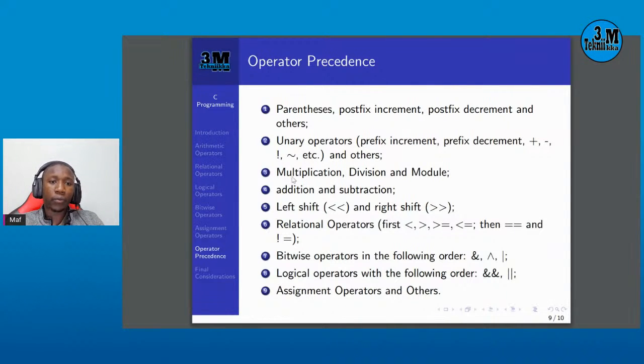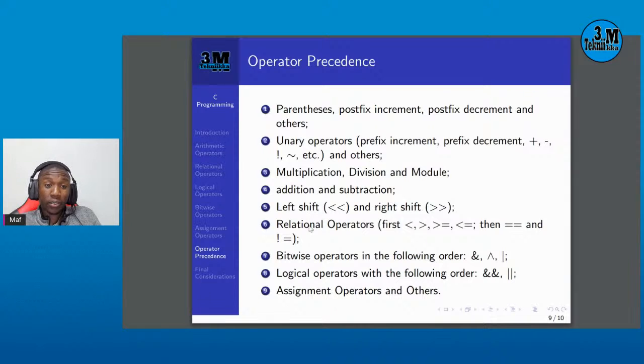These are the ones with more priority, like in math. Addition and subtraction come after these, and then you have the shift to the right and to the left. Then the relational operators in this order. These come first, and only the equals and different come after.